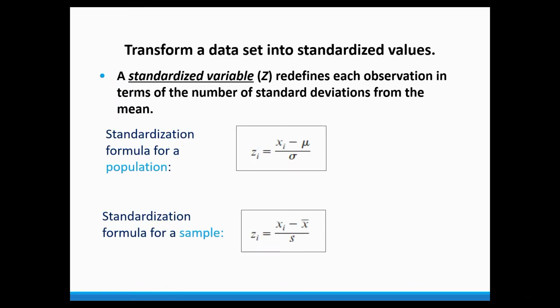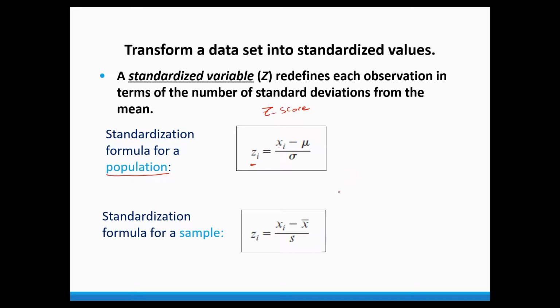So again, to standardize our data to obtain what is called the z-score, we follow this standardization formula where zi equals xi minus mu, the mean, divided by sigma. Xi refers to the individual observations inside the data set. Of course, this is the case if we want to standardize the data of the population.